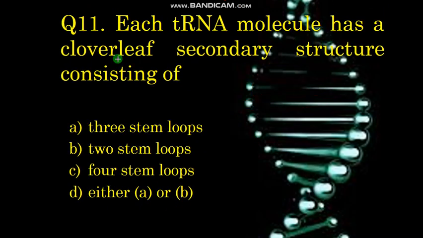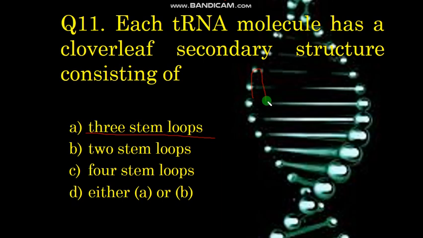Question number 11. Each tRNA molecule has a clover-leaf secondary structure consisting of: option A, 3 stem loops; option B, 2 stem loops; option C, 4 stem loops; option D, either A or B. Here in the clover-leaf model, the answer is 3 stem loops. Secondary structures are there.